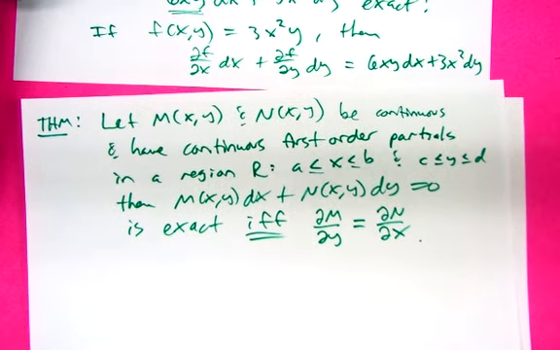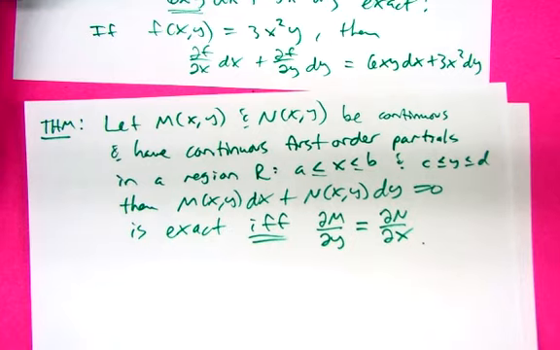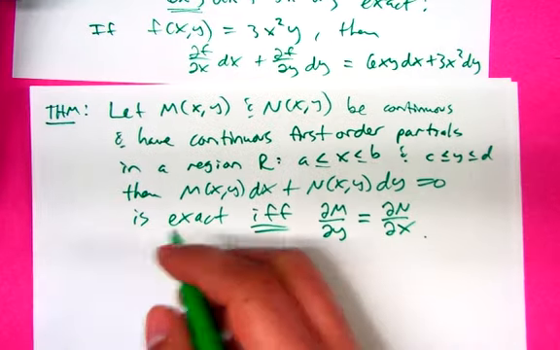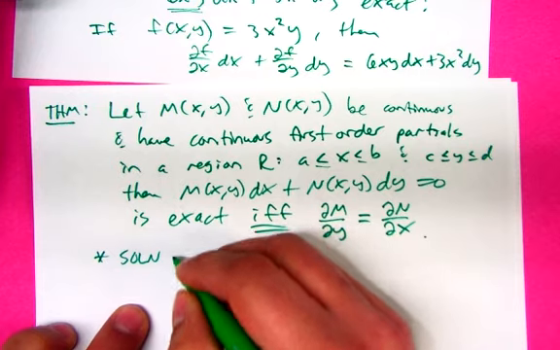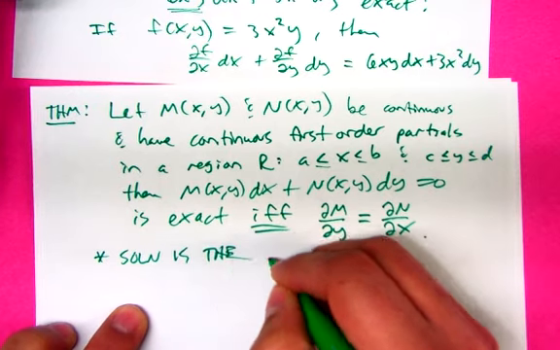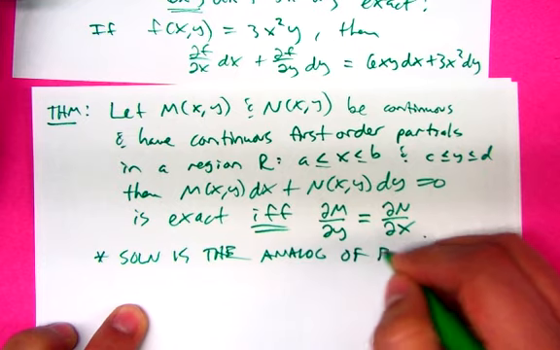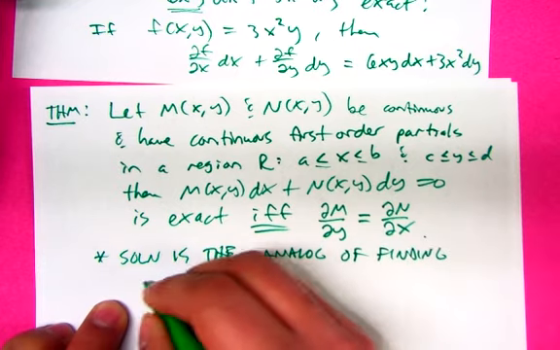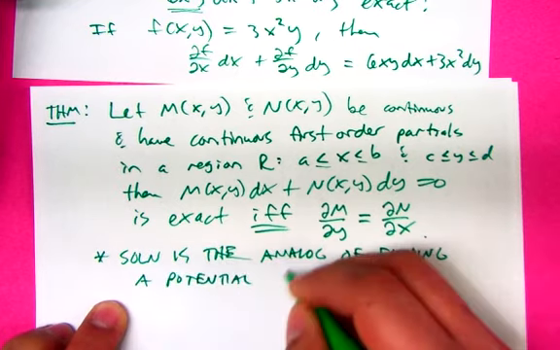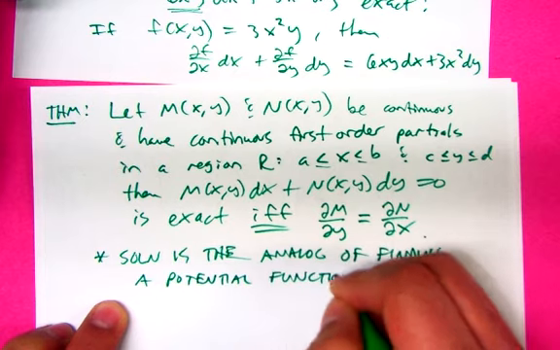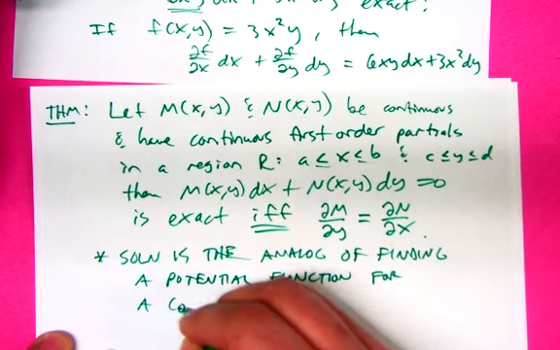You know how to solve this differential equation because the process is the same. Okay? Let's write that down. The solution is the analog of finding a potential function for a conservative vector field.